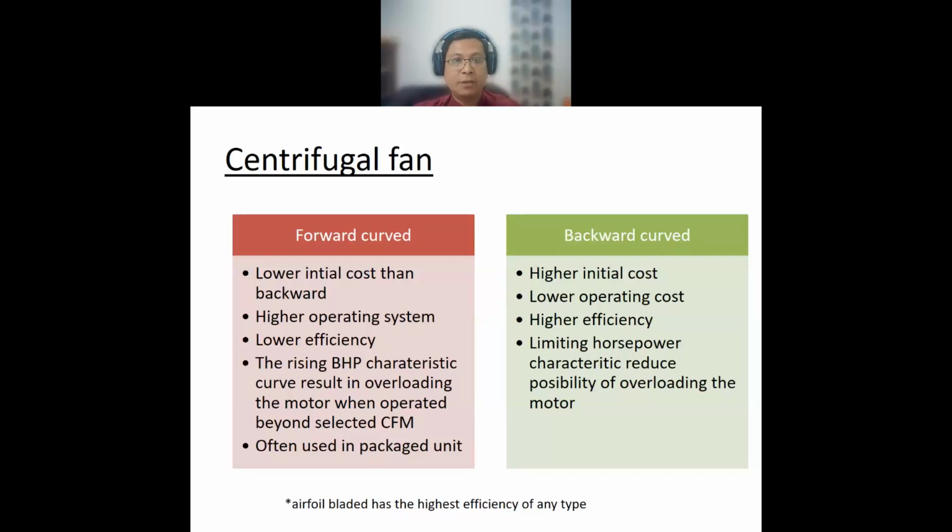But maybe we can reduce the cost through low maintenance. So we can pay back the high investment cost with low maintenance and lower operating cost. Higher efficiency, lower efficiency, limiting horsepower.